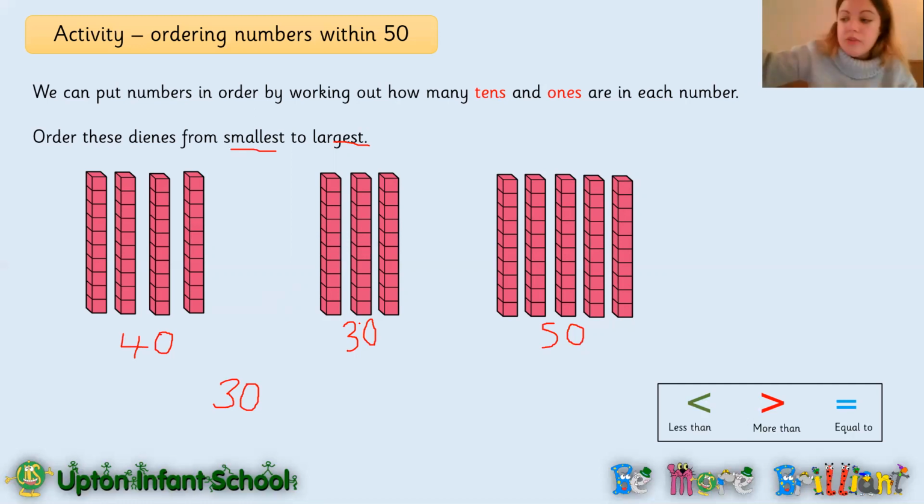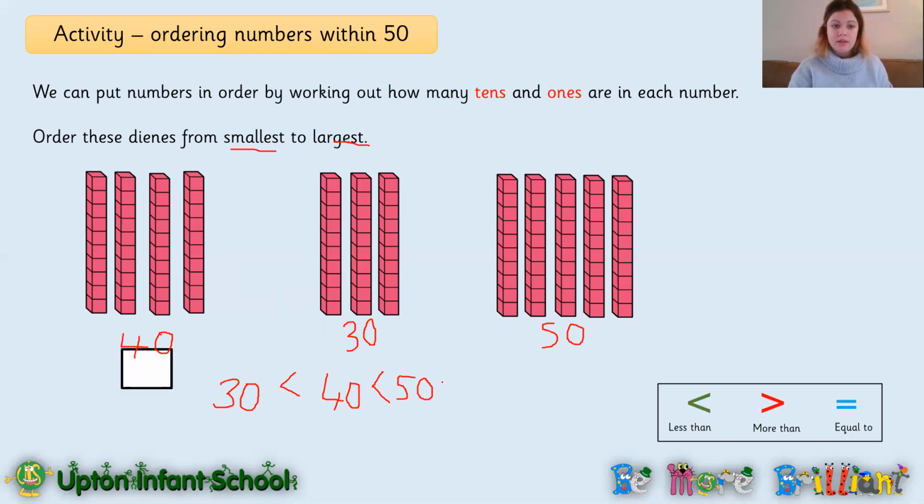And 50 comes after 40. So I would write 40 there. And I would write 50 after that. So they're going up from smallest to largest. So I know that I would need to use my less than symbol, because 30 is less than 40, 40 is less than 50. Okay? Oh, and there's some boxes there, which I could have drawn in.